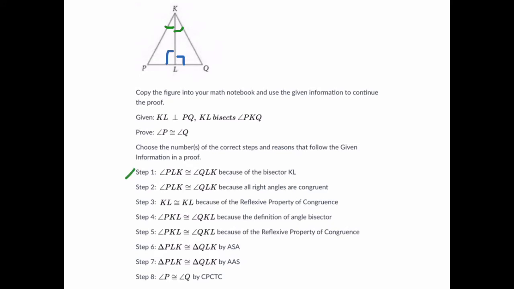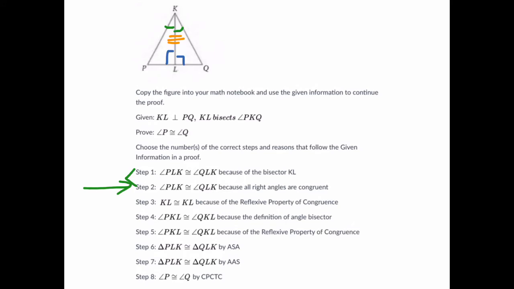So we'll start with step 1 and 2 here. It says angle PLK and angle QLK are congruent because of the bisector of KL. Notice nothing said about the bisector of KL, or they're congruent because all right angles are congruent. And step 2 is the right answer there. Step 3 here says that KL is congruent to KL because of the reflexive property, and that is true.